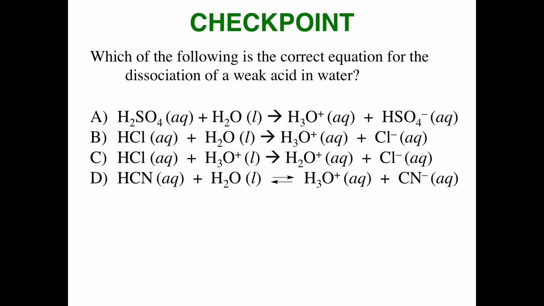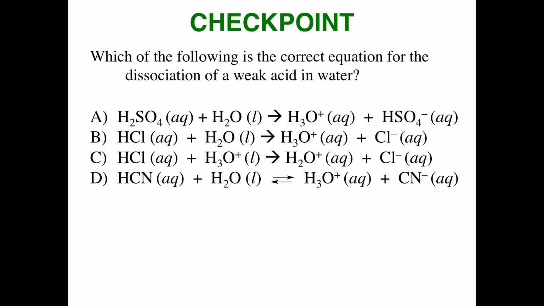Let's do a checkpoint. Which of the following is the correct equation for the dissociation of a weak acid in water? Alright, so let's see if any of these answers don't make sense. A, H2SO4, well, off the bat you know it's a strong acid, so that can't be the answer.